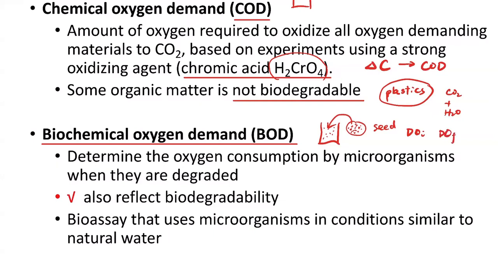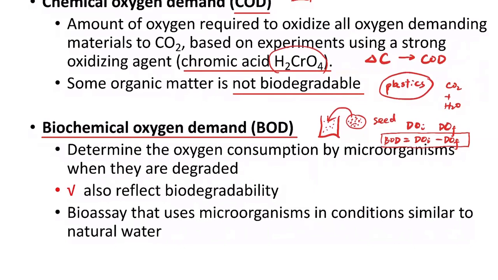The BOD is just equal to DO initial minus DO final. Theoretically, if there is no dilution of the sample, this is very simple. You just measure the oxygen concentration before and after to determine the BOD. But a lot of the time, the BOD for the sample is too high, so there's no way we can get this accurately. That's why the equation gets quite complex if you consider the dilution and also add in controls for these experiments.